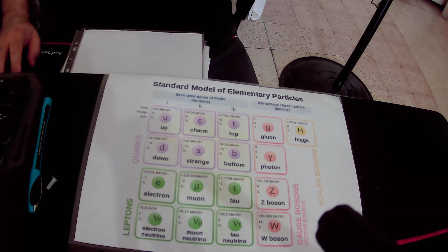Okay, so in the nucleus we have the protons and the neutrons, and they themselves are not elementary particles because they consist of quarks.